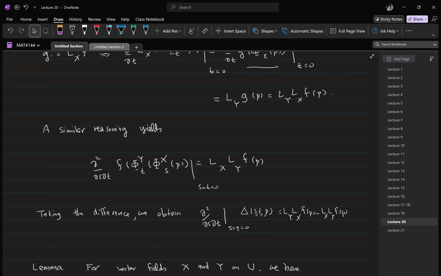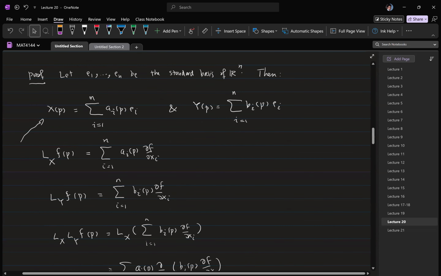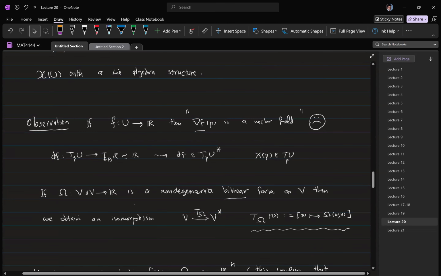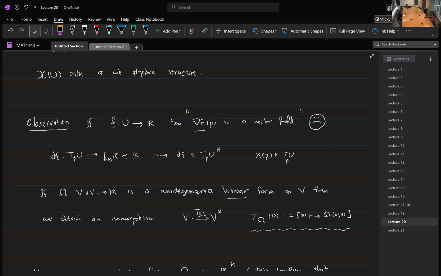So you can then take the commutator of two vector fields, the commutator being defined as the vector field that corresponds to the commutator in the operator sense of two Lie derivatives, Lx, Ly minus Ly, Lx. Okay? And then we realized that this commutator can be lifted back to the space of functions on the domain. So you can now obtain a Lie bracket on the space of functions.